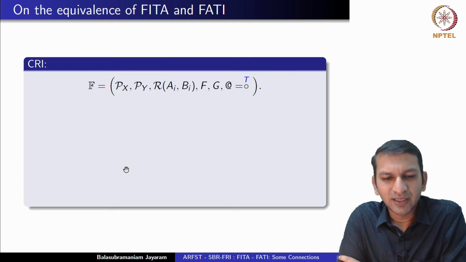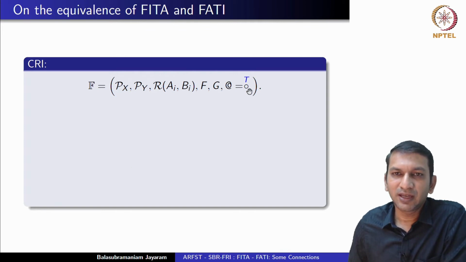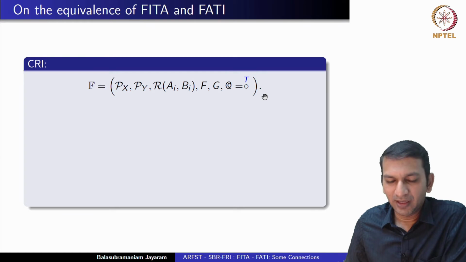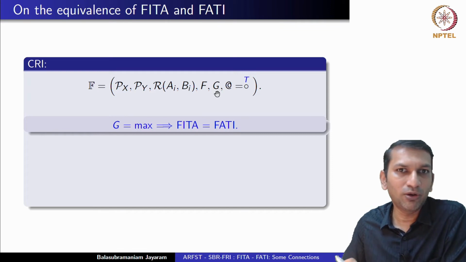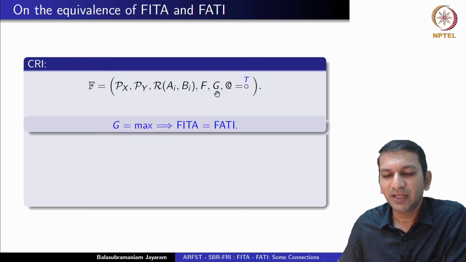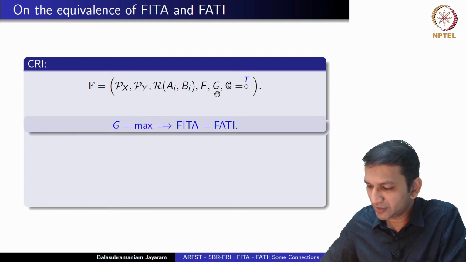Look at this. This is the FRI system, the CRI system, where only the composition is fixed as sup T. If we take G to be the maximum, that is, if you aggregate all the relations using maximum, then it can be shown that theta is in fact equal to FATI. Now, how do we show this? What does it mean?